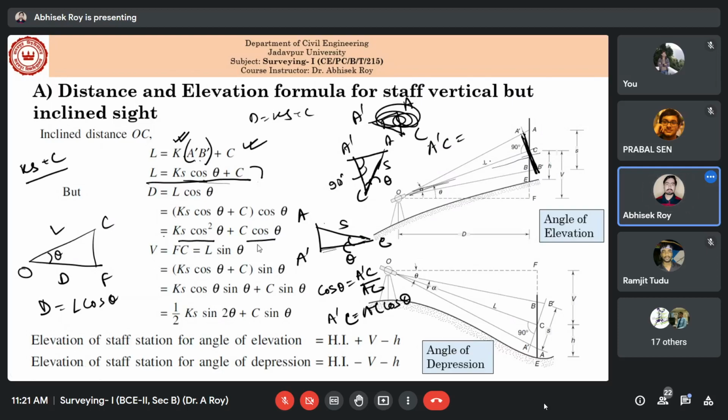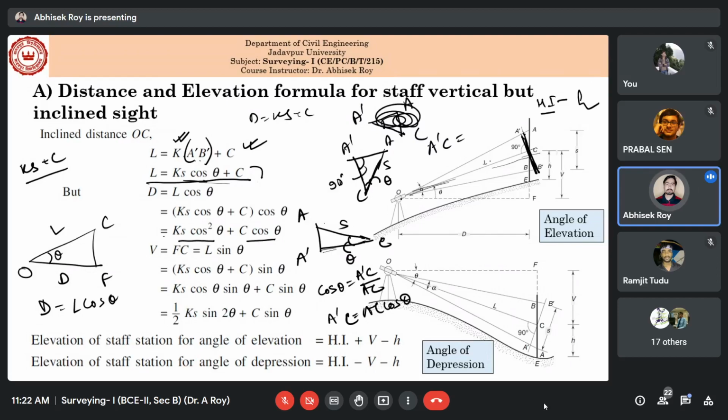Now, normally what we do in case of calculating our reduced level, previously we know that it is height of instrument minus the staff reading H. That's how we have calculated, right? Here, a little bit of modification is needed. Suppose you are calculating at this condition, that is angle of elevation.